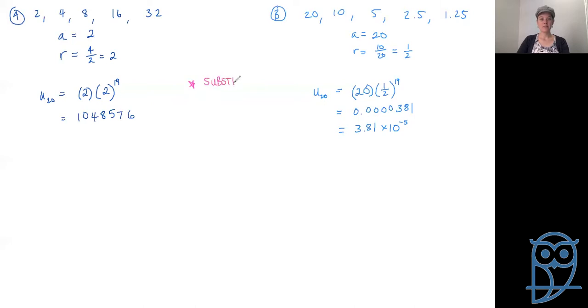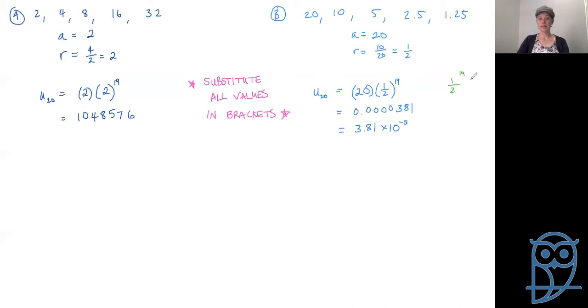Substitute all values in brackets. What this does is it means things like 1/2 get raised, the whole fraction, to the 19. If you were to write something like 1/2 to the 19, this is 1 to the 19 over 2.